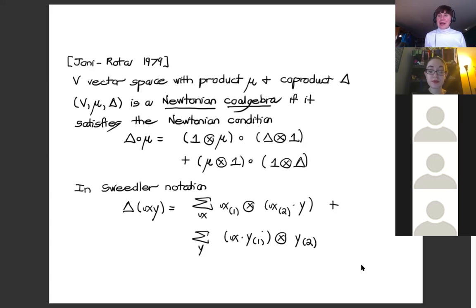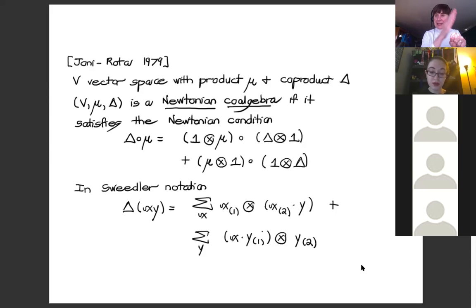Okay, so now we're just writing it this way. Here I have the coproduct applied to x times y is the sum over all possible ways to break up x with respect to that coproduct. So you read this as x_(1) tensor x_(2) times y, plus x times all possible ways to break up y, so x times y_(1) tensor y_(2).